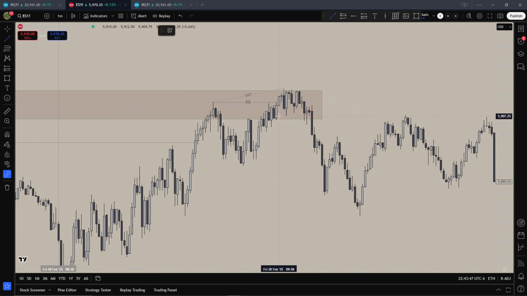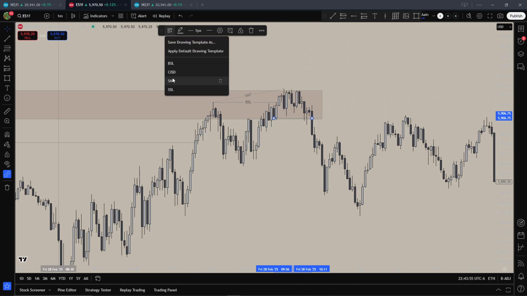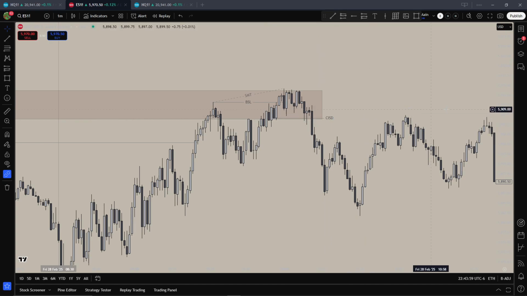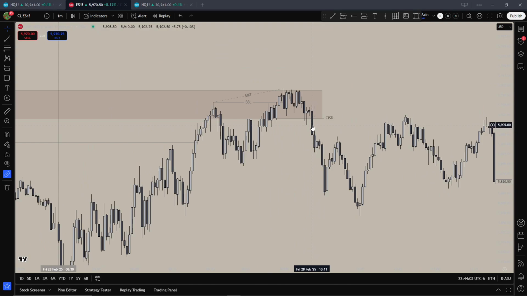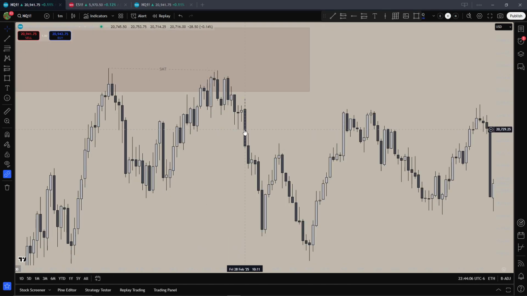Once we got this buy side ran, and then this series of candles up taking out the buy side liquidity, I was waiting for a candle to close below here, which it did in this candle. When it did, this was 10-11 here.